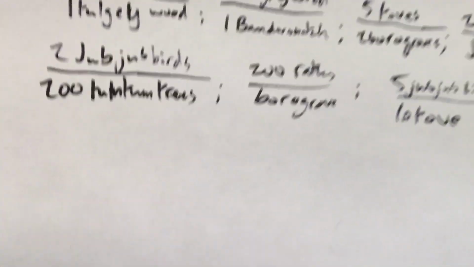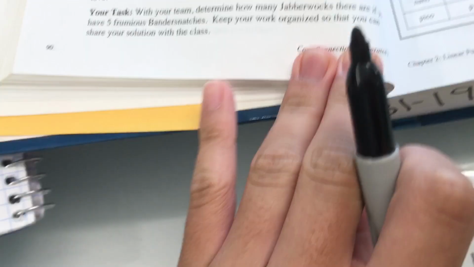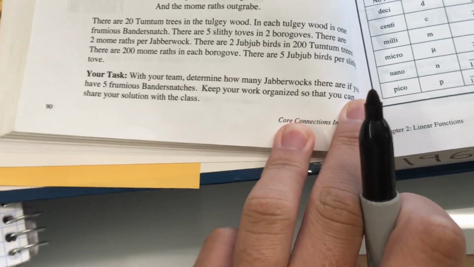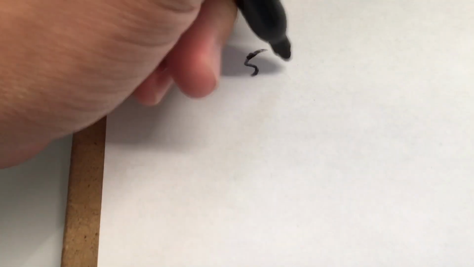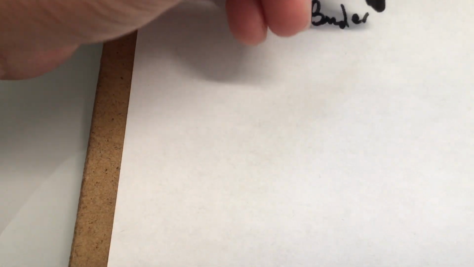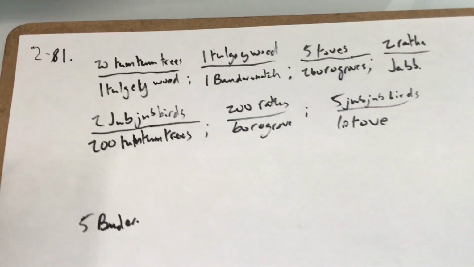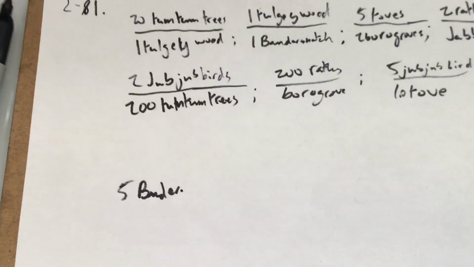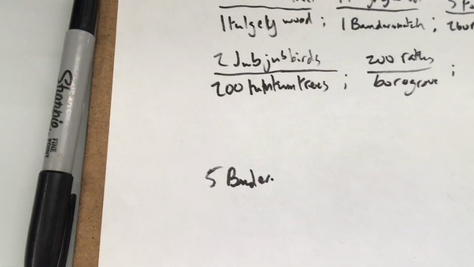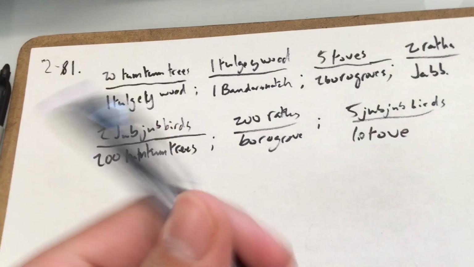So now they are asking us how many Jabberwocks there are if you have 5 Fumious Bandersnatches. So let's start out with 5 Bandersnatches. And now we're gonna look here for which one. So I'm gonna take a pen this time. Let's use a purple pen.